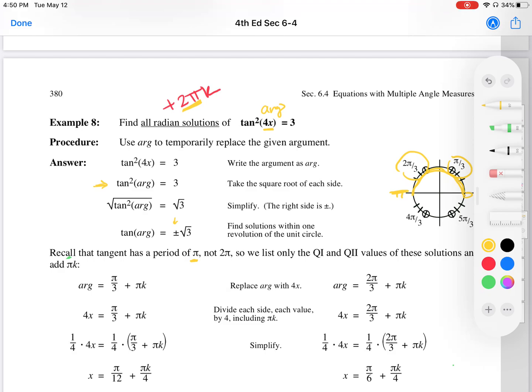All right, so let's go ahead and solve it out. So when is tangent square root of 3? We get that tangent is square root of 3 at pi over 3. And we want to replace arg with our actual argument, which is 4x.